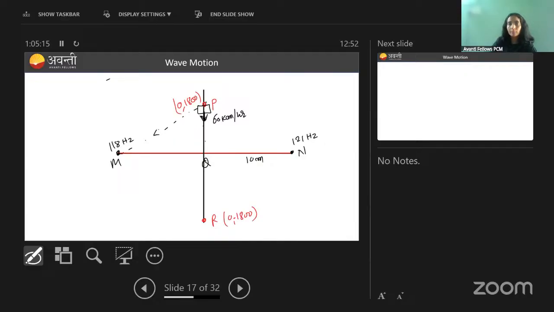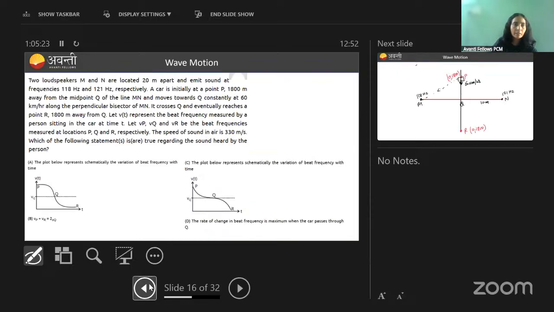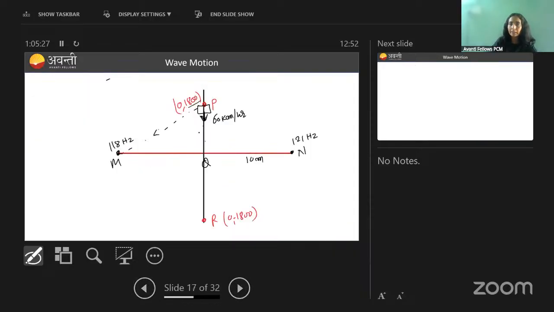Now, there is a car at point P, at a distance of 1800 meter from the point Q. And then this car starts moving along this perpendicular bisector, towards point Q, with a constant speed of 60 kilometer per hour.